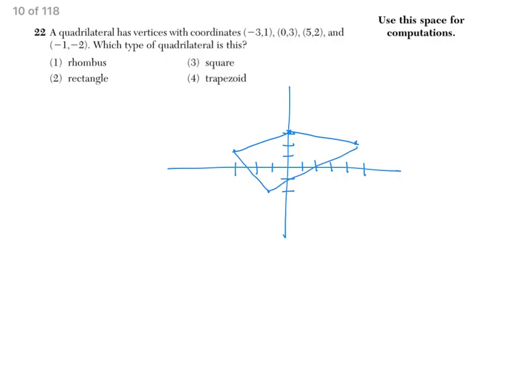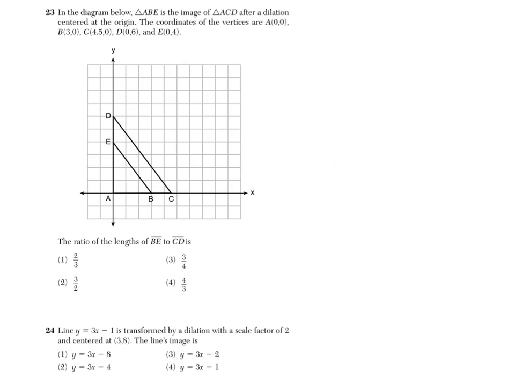And as you can see, you definitely don't have equal sides to cause a rhombus. It doesn't appear as though you're going to have opposite sides congruent to cause a rectangle, with also right angles for all 4 angles. It's very clear that you don't have equal sides, so a trapezoid looks like the apparent answer.